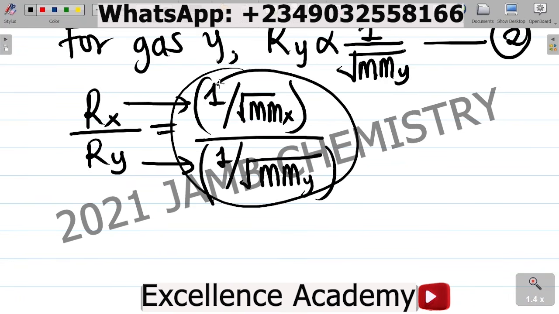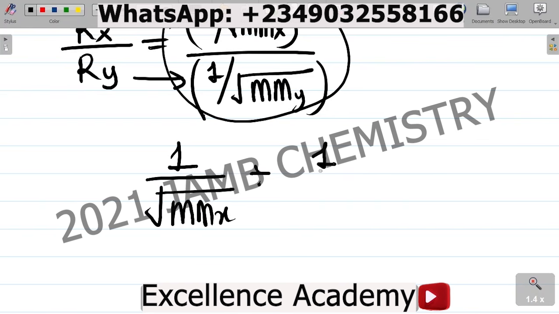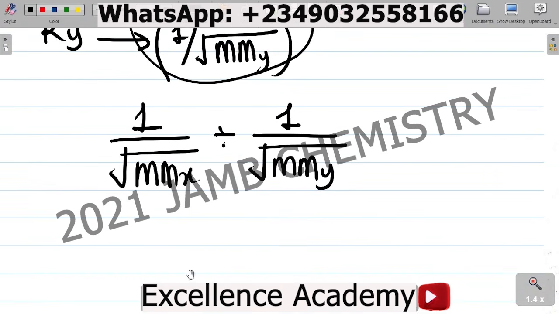Now let's work on this fraction. What I have here is simply 1 all over the square root of the molar mass of X divided by 1 all over the square root of the molar mass of Y. To solve this, I'll change division to multiplication.